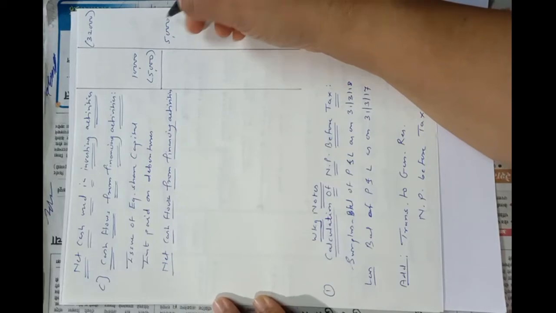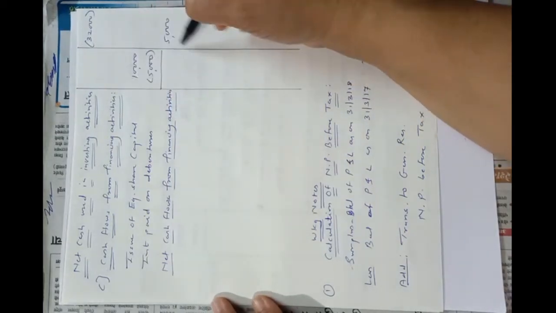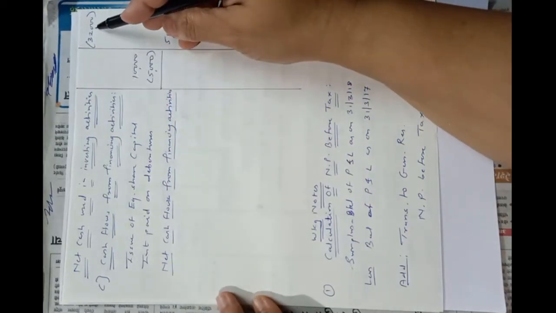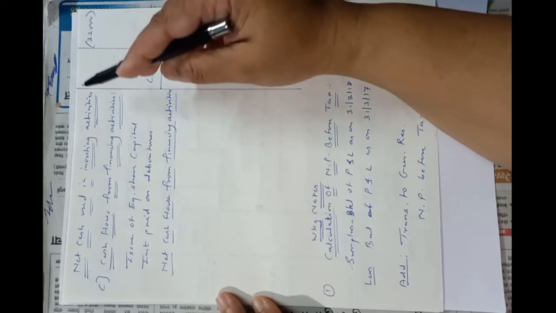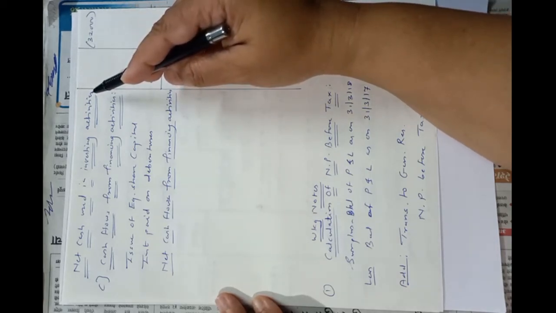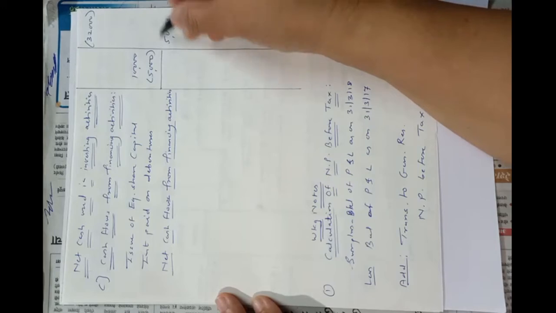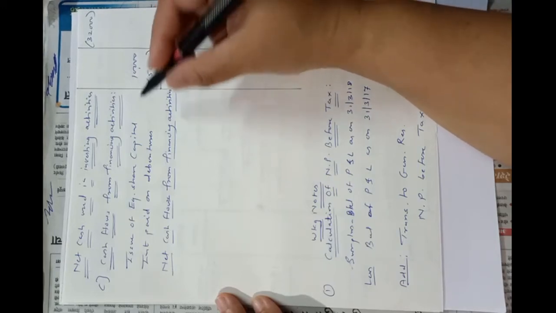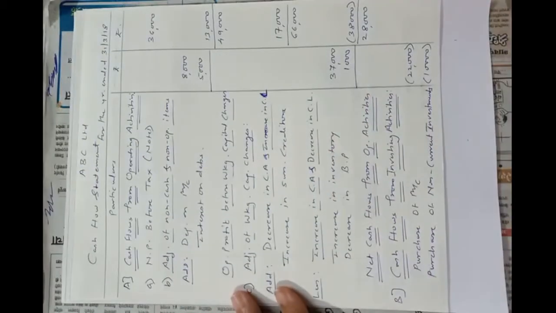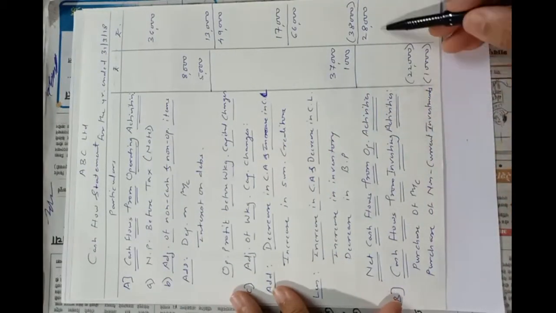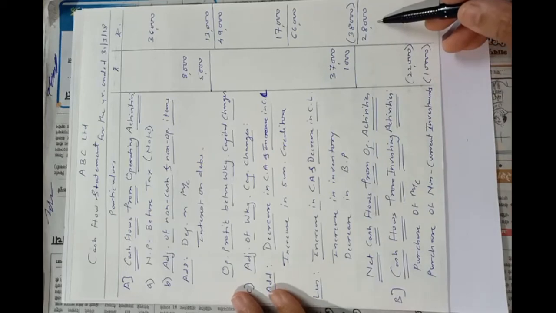This is the final answer of the third point. So this is the final answer, negative 32,000 of B point, that is cash flows from investing activities. Positive 5,000 is the final answer of C point, and the final answer of A point, net cash flows from operating activities, is rupees 28,000.